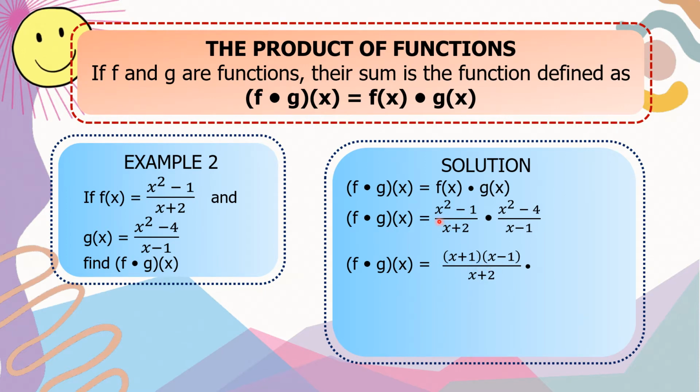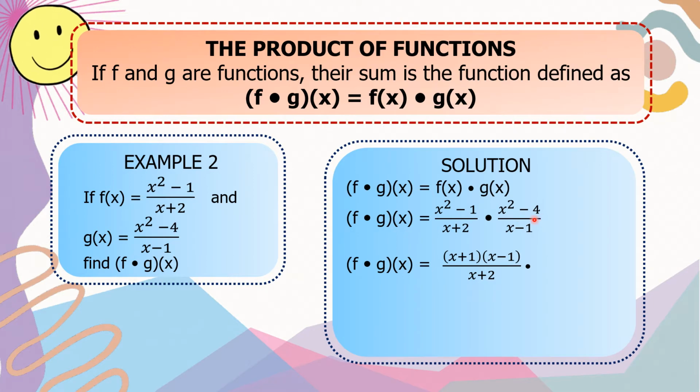Kasi perfect yung x square, ang factor nito is x times x at yung 1, negative 1 natin dito, ang factor ng 1 is 1 times 1. So 1, 1. So sum and difference, plus minus, over ang denominator is x plus 2. Next is ito naman x squared minus 4.